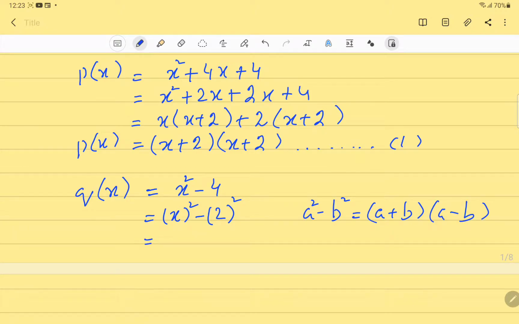So here we will be writing x plus 2 into x minus 2. So this is our second factorization.